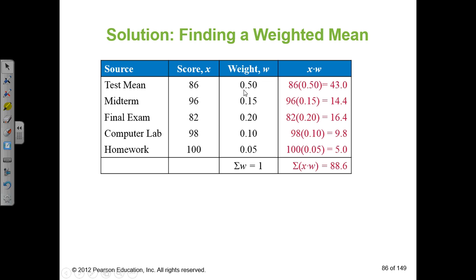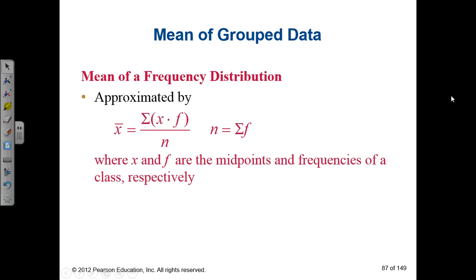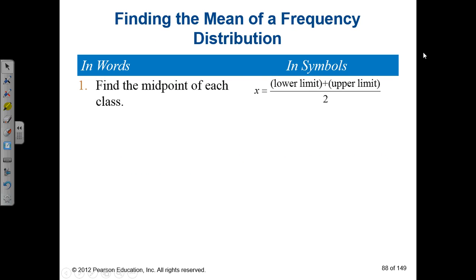That doesn't always work. Not all weighted means have a sum of the weights adding to 1. And then we add up each of the types of grades times their weight and get 88.6 divided by the sum of the weights, and your grade is an 88.6. You're close to an A, but you did not quite get the A. We're going to skip the mean of group data, so let's just skip through these slides.